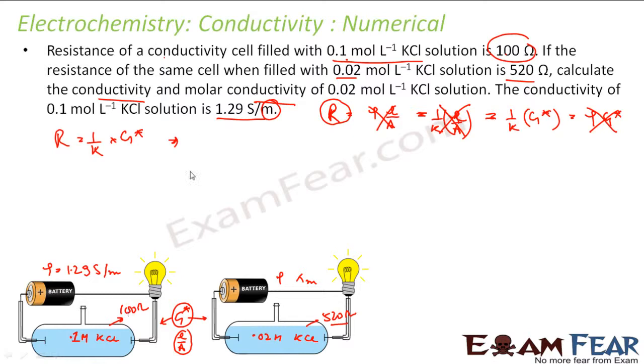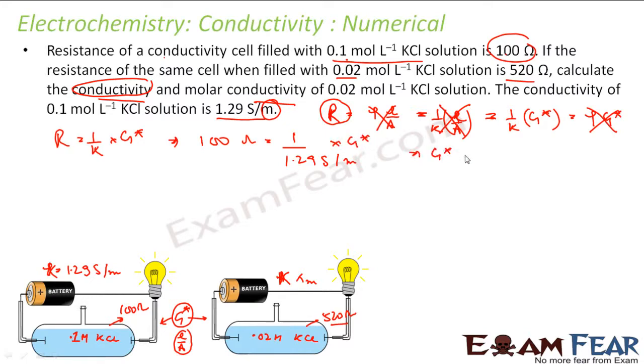So let me put the values. Resistance is 100 ohms is equal to 1 by K, and K is given here, 1.29 S per meter, into G star.